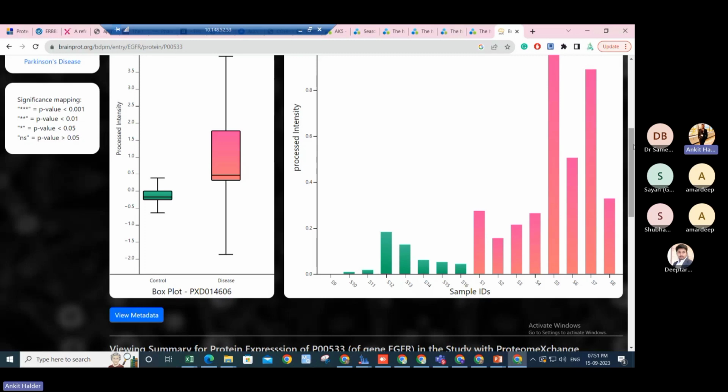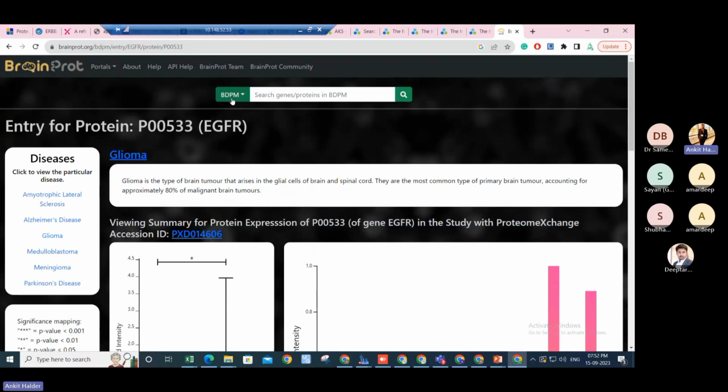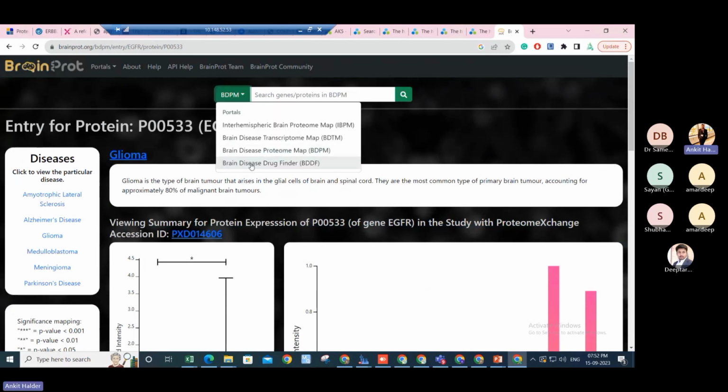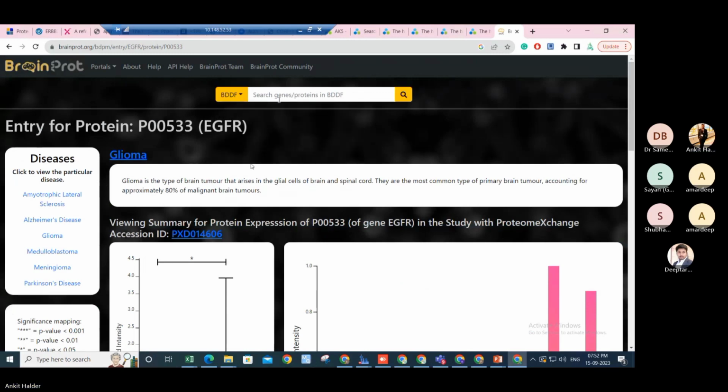So these resources help you to see, visualize, interpret, and analyze your data in a very quick manner, and also help you come to a conclusion and design your further experimental studies accordingly.